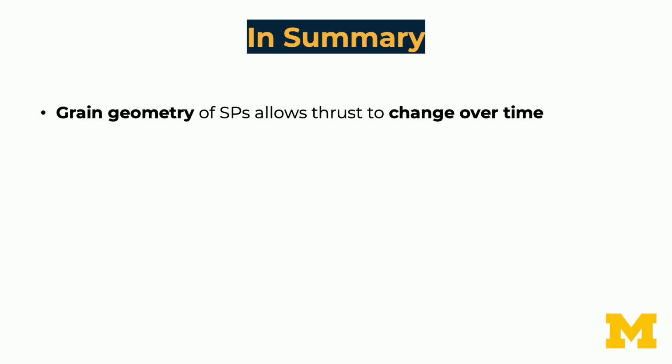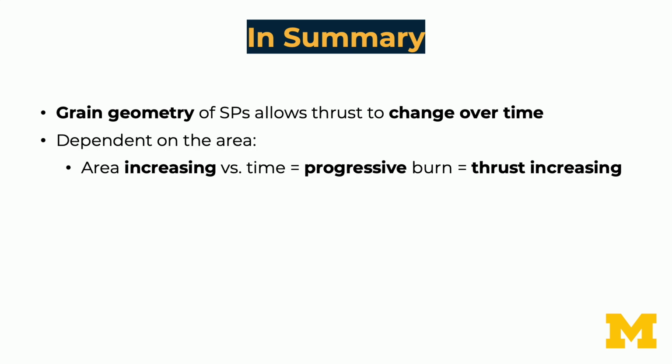So in summary, the grain geometry of solid propellant engines allows the thrust to change over time, and we can make it dependent on the area that is exposed. If we have an increasing area as a function of time, that's called a progressive burn, and the thrust is increasing.